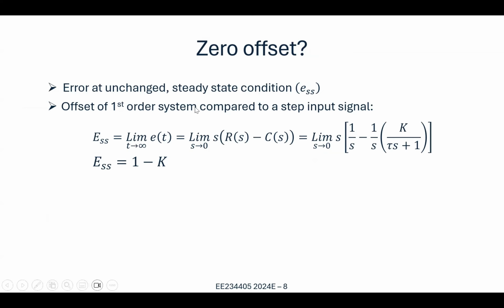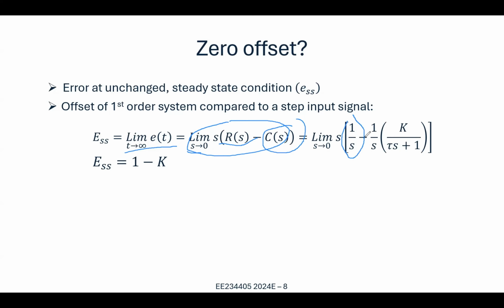So the error here, or the value at infinite time, could be determined by the value at s equals 0 of the Laplace transform. So this would be s times (r minus c), where s is 0. You have r, the input, which is the step signal, and you have the output, which is the step signal times the transfer function.